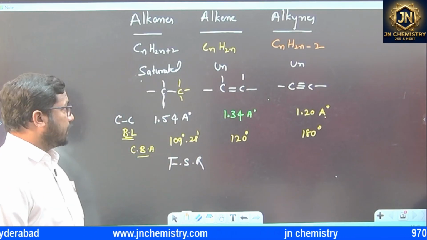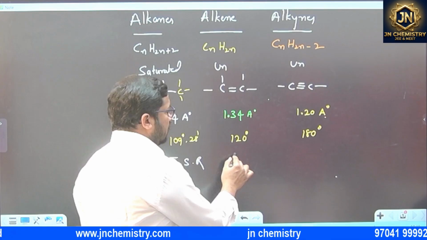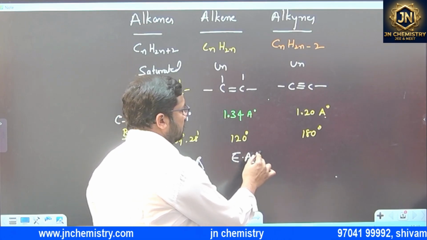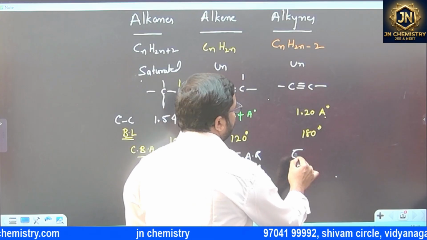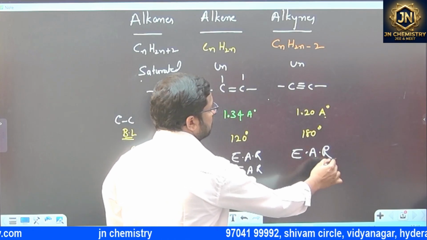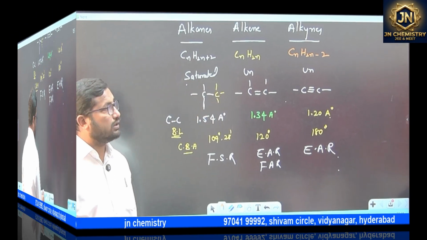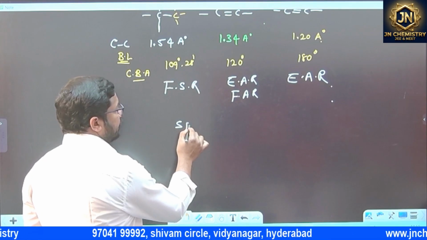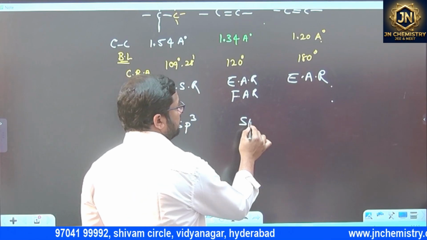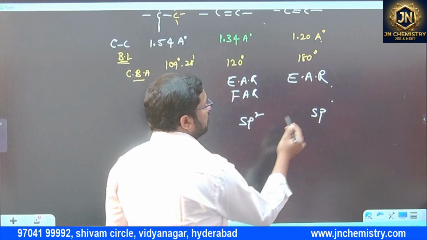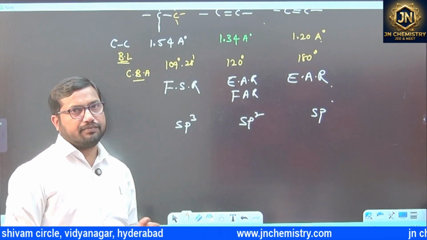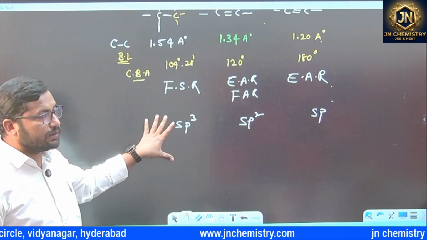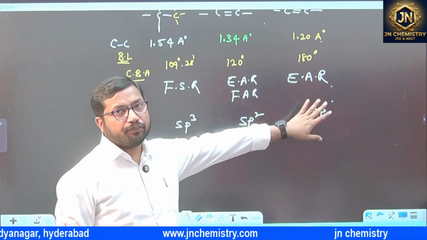Alkenes undergo electrophilic addition reactions and free radical addition reactions. Alkynes undergo electrophilic addition reactions. Write it down. Generally, these carbons undergo sp3, sp2 and sp hybridization, with tetrahedral, trigonal planar and linear shapes.